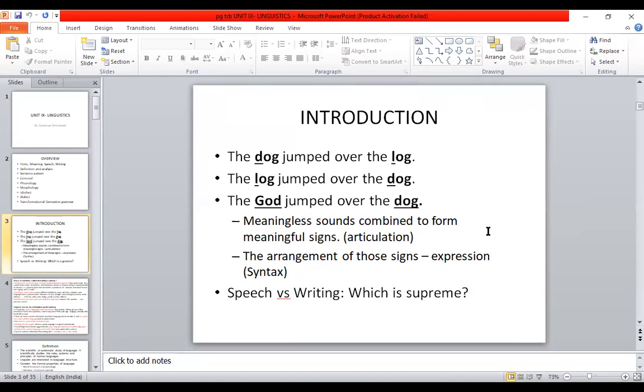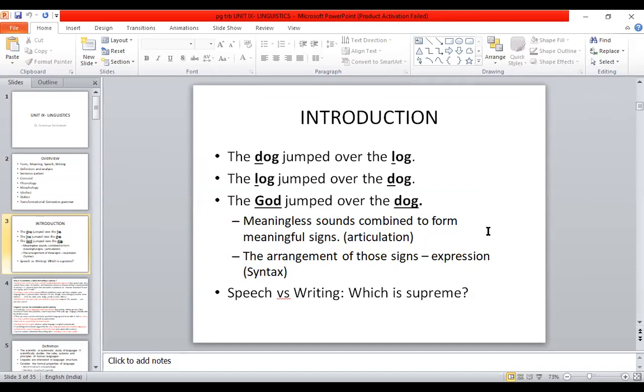The letters as such do not have a meaning of their own. They are meaningless sounds, meaningless forms as such, right? But when we put a couple of letters together, we get a word, right?